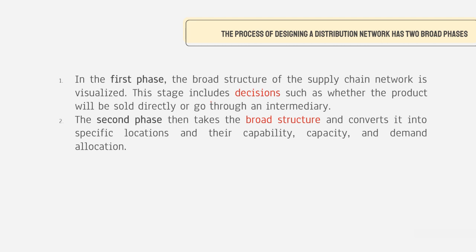So, for the second phase naman, it takes the broad structure and converts it into specific location and their capability, capacity, and demand allocation. So, if we decided, okay, na padaanin yung mga products through an intermediary, we need to make sure kung capable ba yung intermediary natin na i-distribute yung mga products na to, meron ba siyang enough capacity sa store niya, or sa establishment niya to have these products, and of course, the demand allocation.